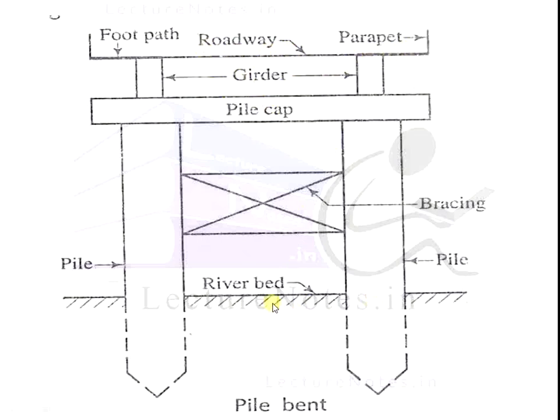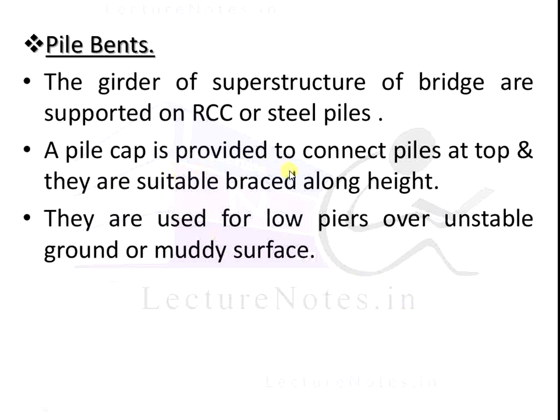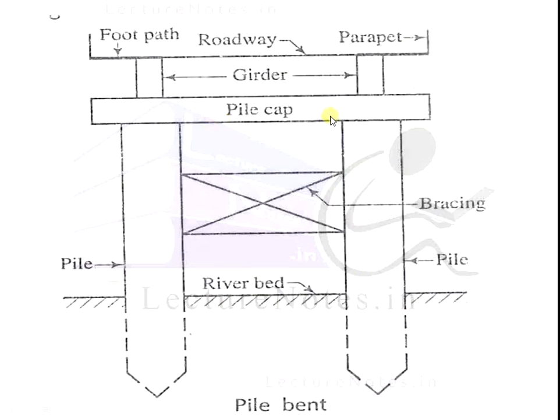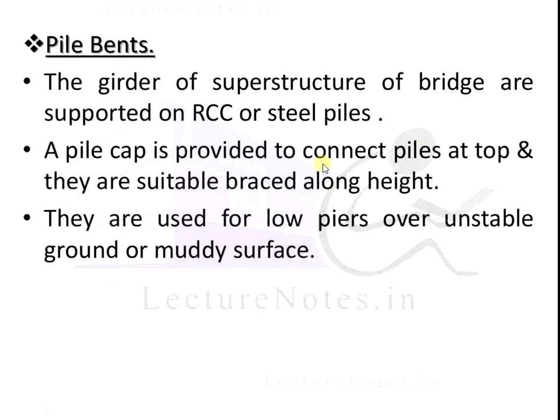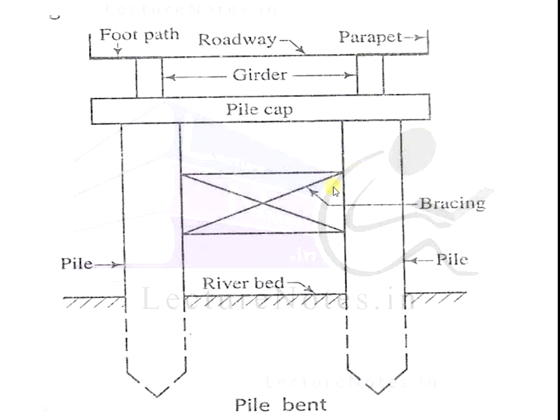There is a railway over the river bed on the pile bent. The pile cap is important to connect the piles at the top, and it is suitable for the height. The main function of the pile cap, along with the pile, is to connect the bracing.